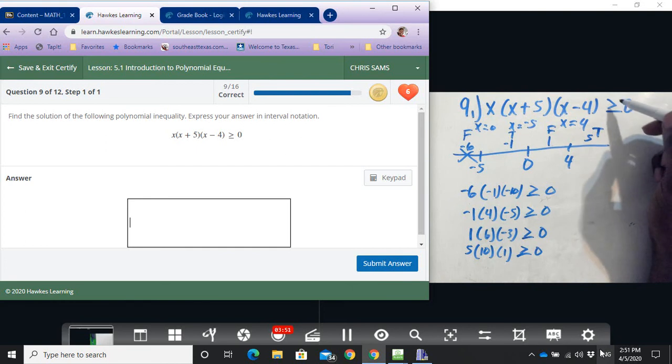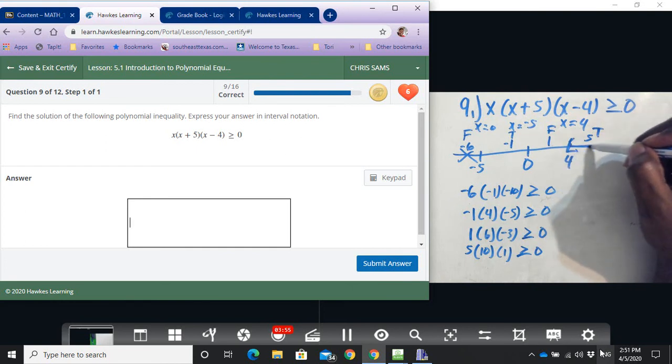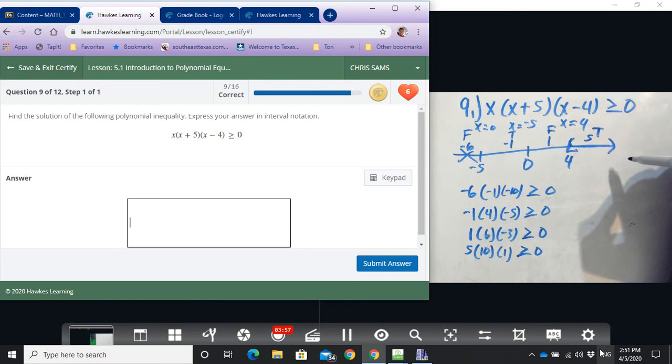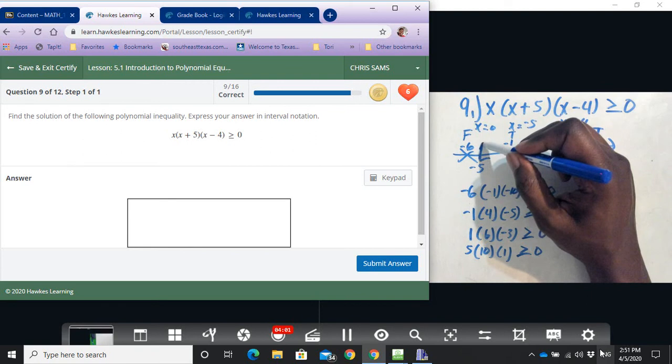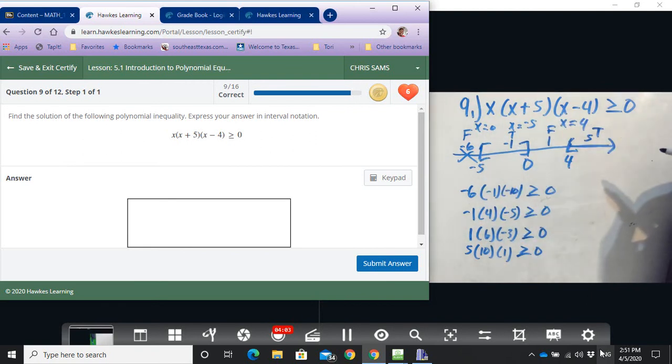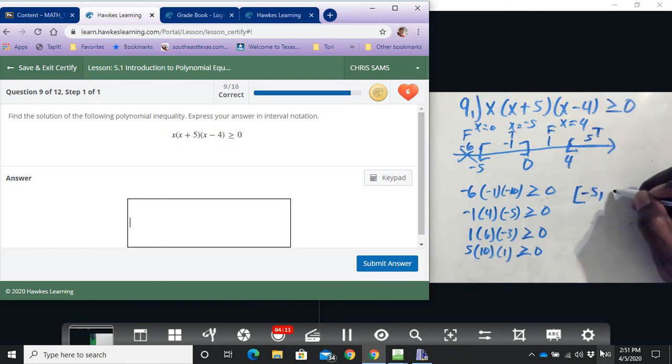So it looks like we're dealing with 4 and beyond, and then between negative 5 and 0. So in interval notation, we would write it just like this: negative 5 to 0, and then 4 to infinity.